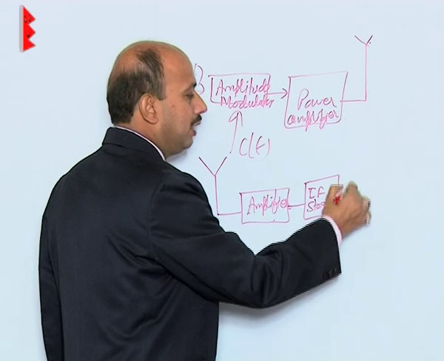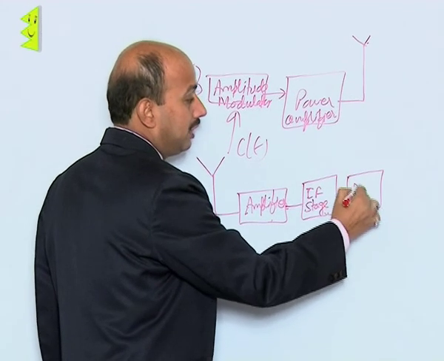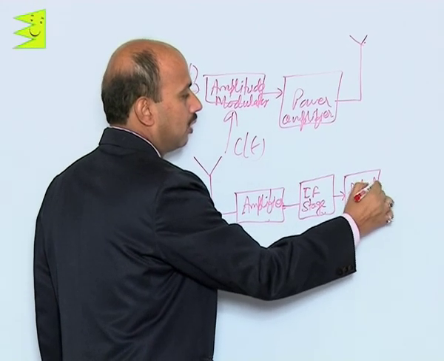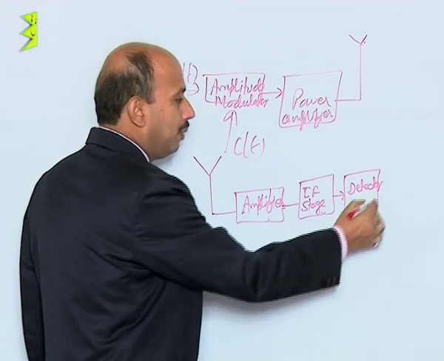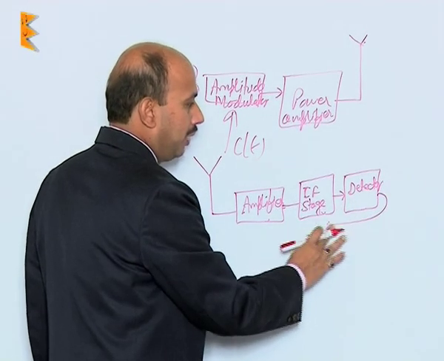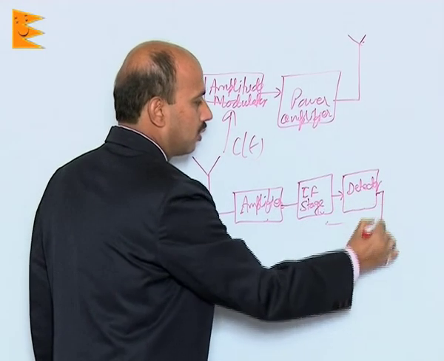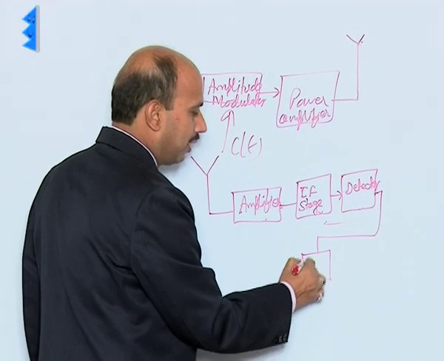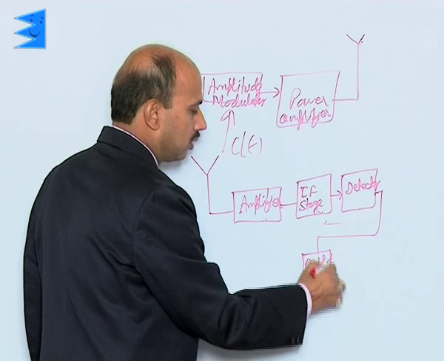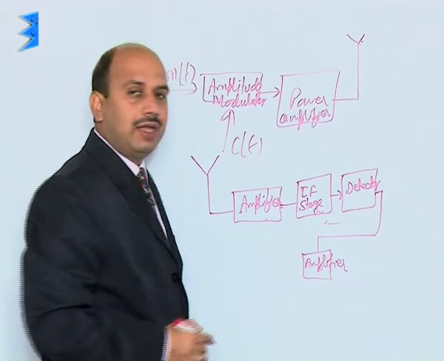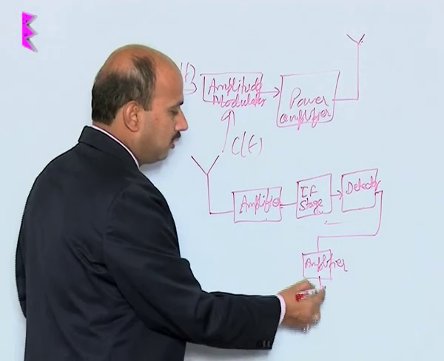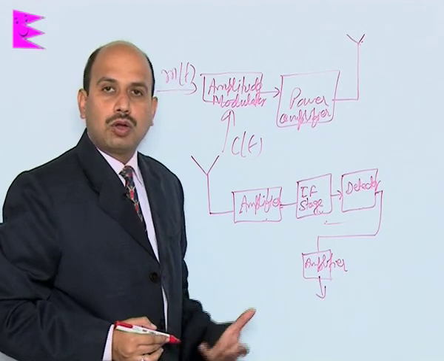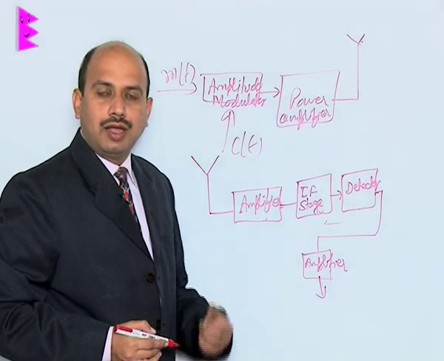Then there is the detector, which detects the signal, and then the next part, an amplifier, and ultimately we get the original signal. So this is the block diagram of the receiver.